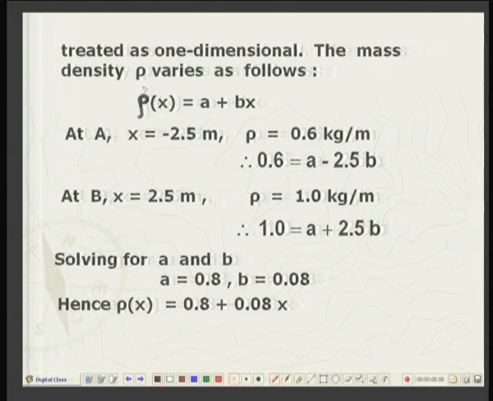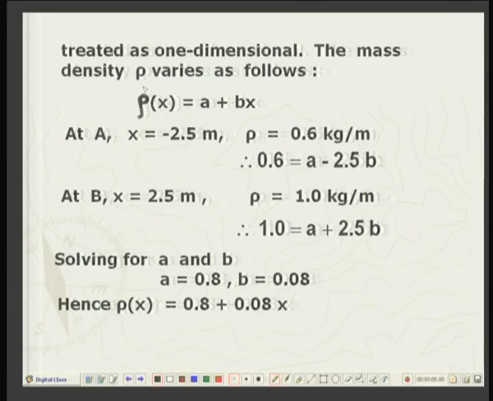So, if I substitute x as minus 2.5, a minus 2.5 b is equal to 0.6. At the right hand end, that is at point B, where x is equal to 2.5 meter, rho is equal to 1 kilogram per meter. So, 1.0 is equal to a plus 2.5 b.